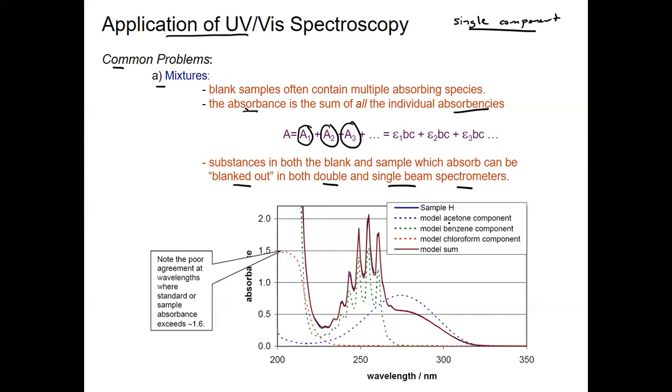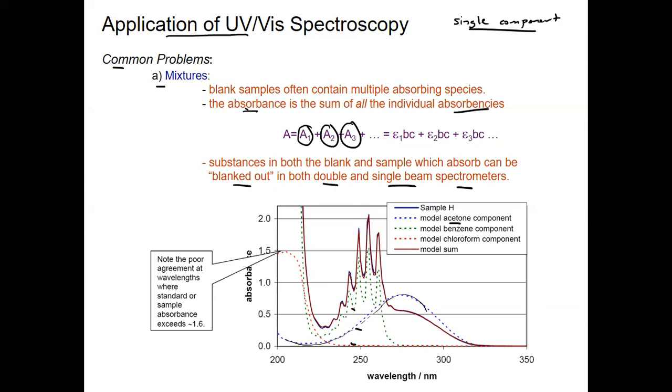You have acetone, which usually has this absorbance, and then you have the benzene, which is usually this one, the green. And then you have the chloroform, which is just that one. So the sum here is what happens if you add this, this, and this one.